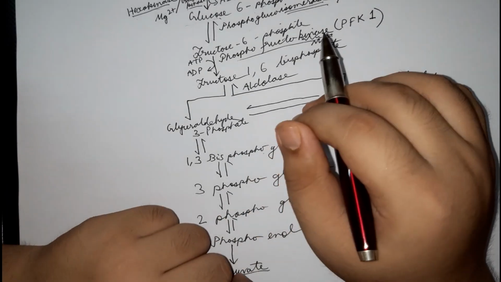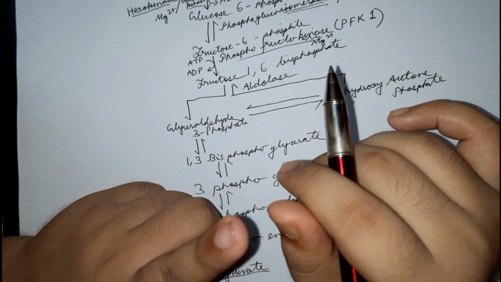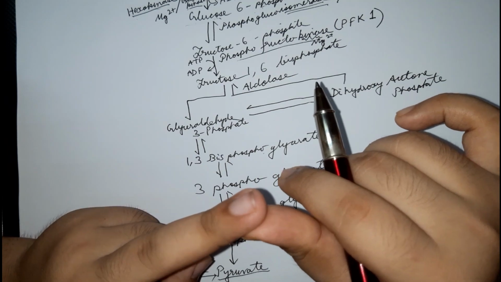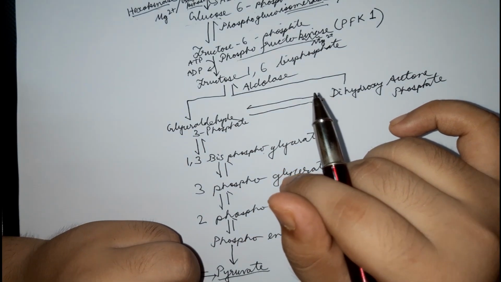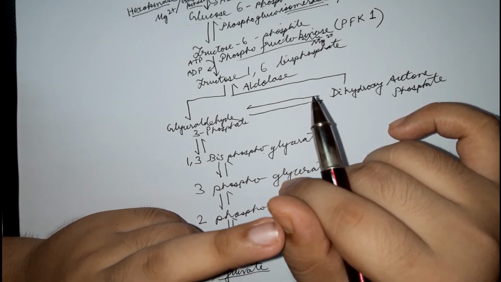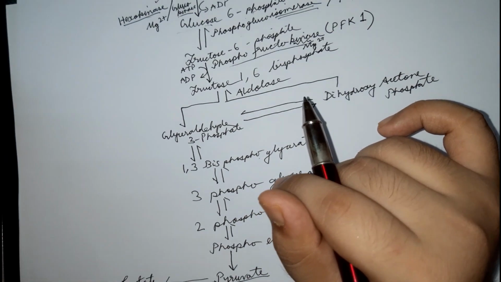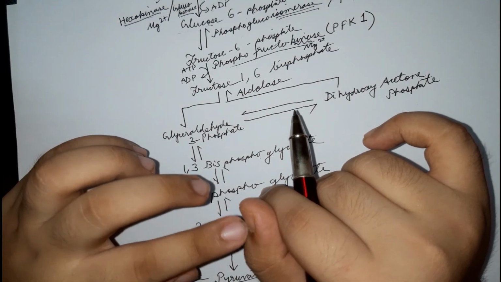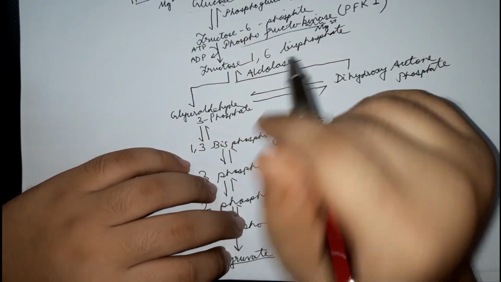We'll not talk about this now. It has two forms, aldolase A and aldolase B, not aldolase 1 and aldolase 2. If I remember correctly, A and B are not the only isozyme forms of aldolase. There are a lot of other forms also, but A and B are the most common ones. Anyways, we'll talk about that later.